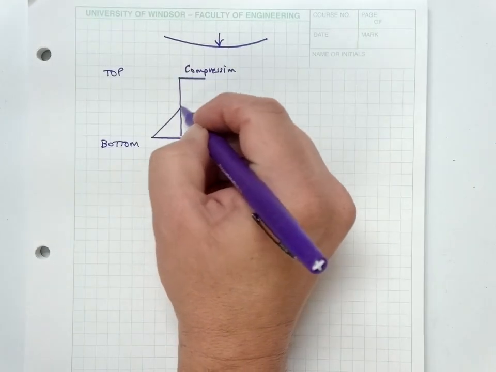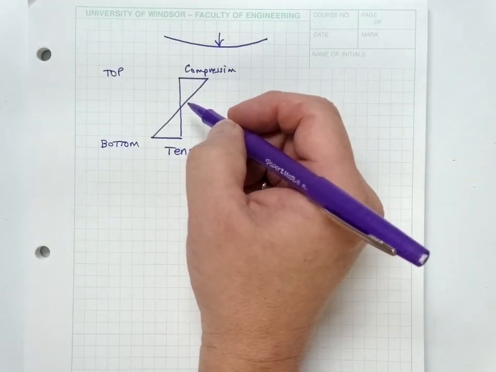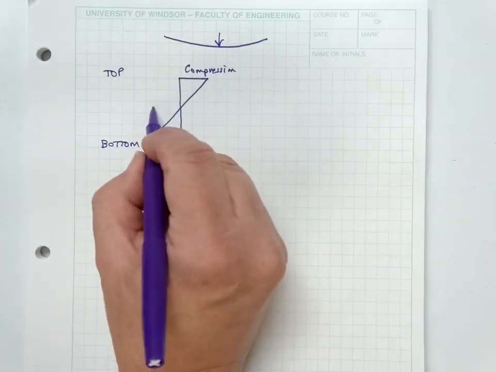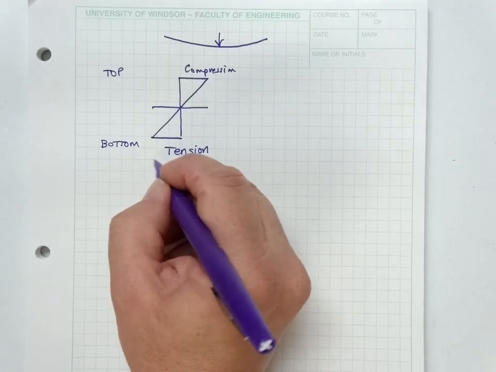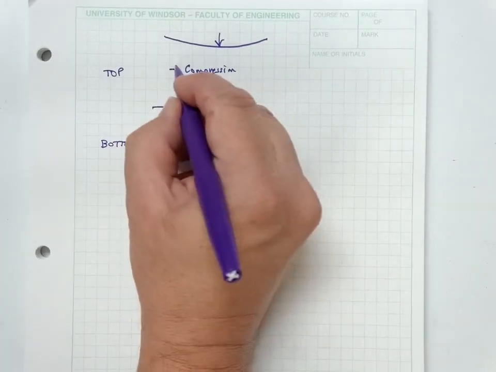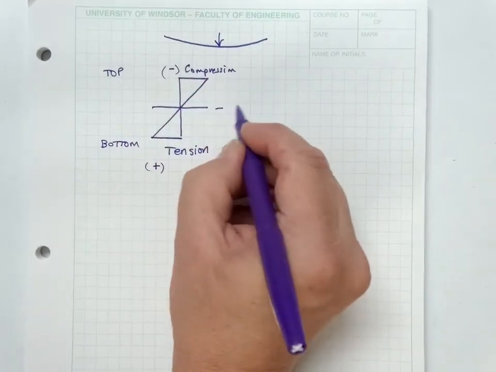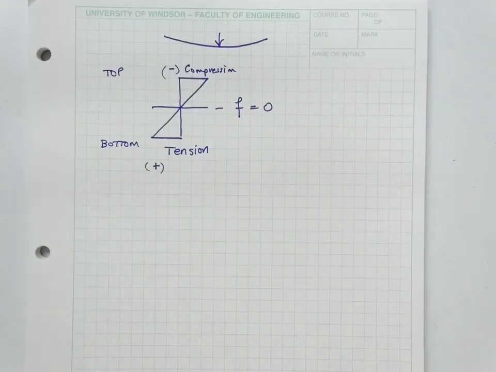And if we assume, which is a pretty safe assumption, that the stresses are linearly distributed in the beam, and if we call the tension a positive force and compression a negative force, at some point the stress is equal to 0, right? It has to. If you go from minus 5 at one end to plus 5 at the other, I'm going to have to pass through 0 to get there.